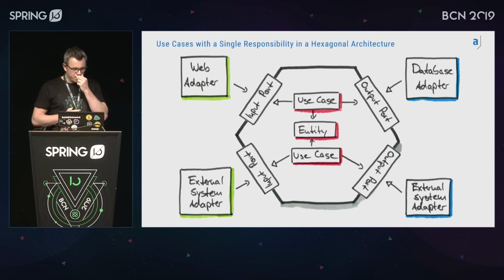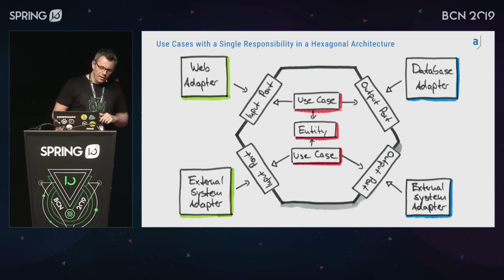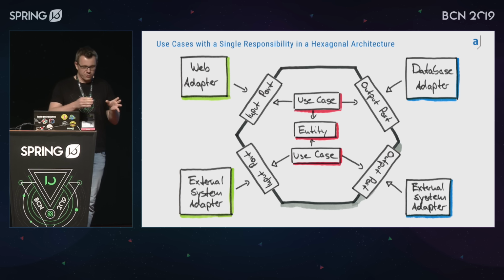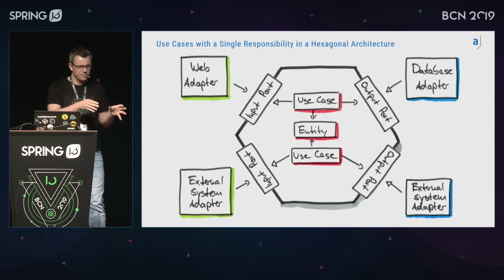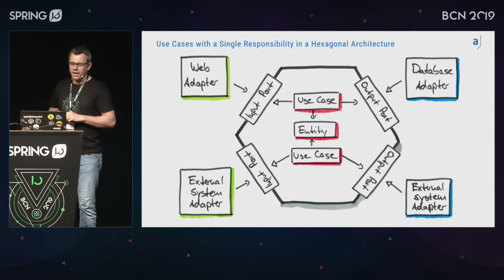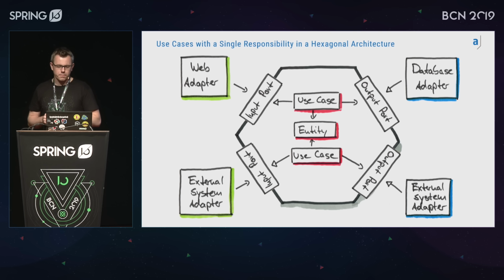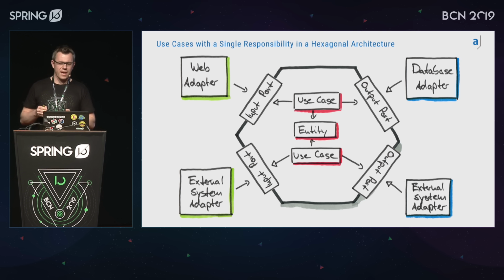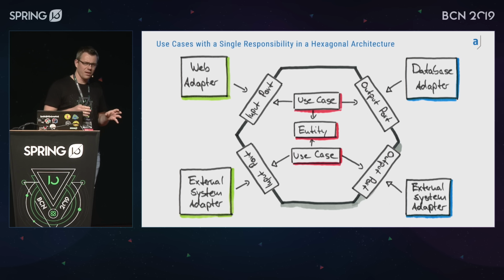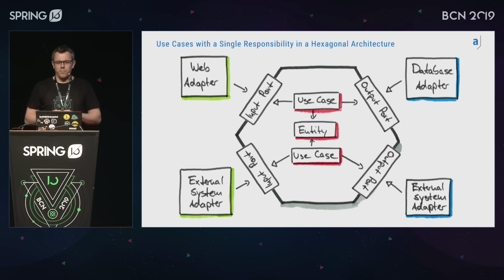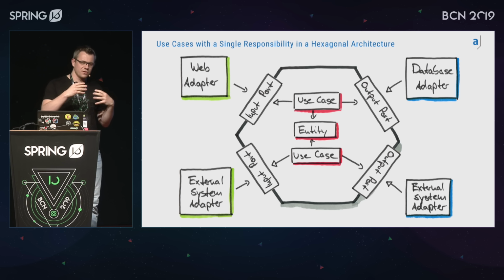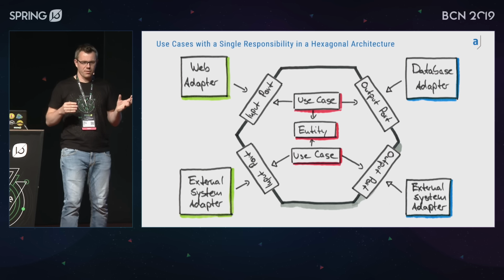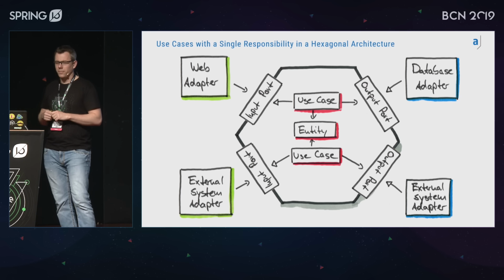Back to use cases. I mentioned before that services should be cut into multiple use cases so that each use case only has a single actor. So we should treat use cases as first-class citizens in our architecture. And in a hexagonal architecture, this is just much more concrete than in the clean architecture I introduced earlier.